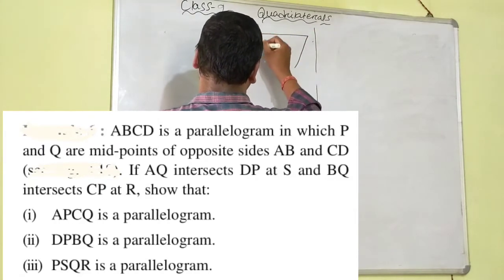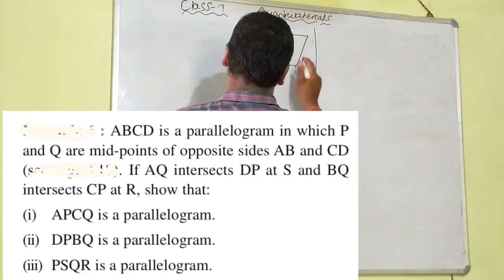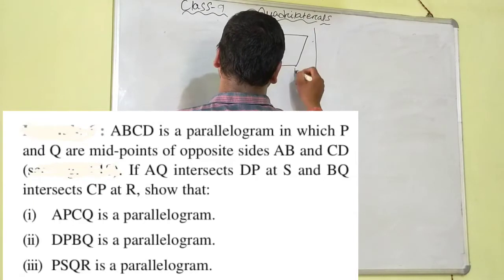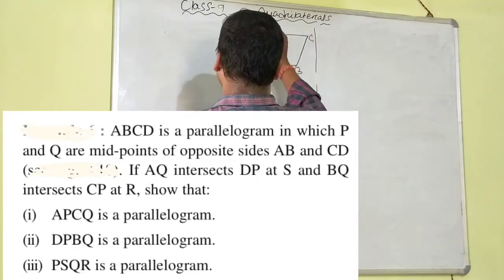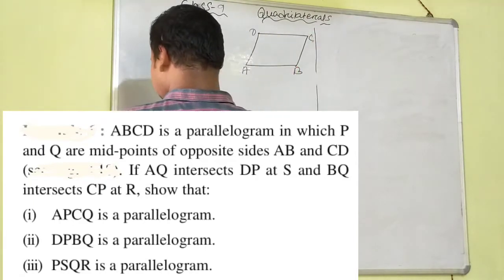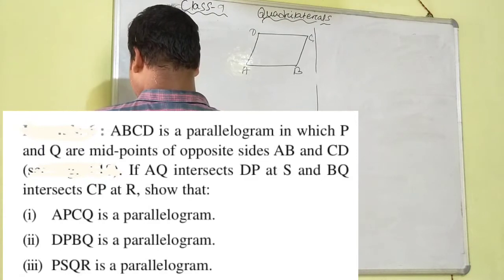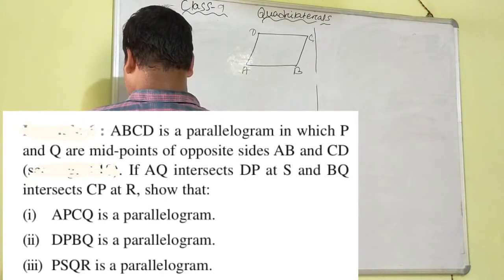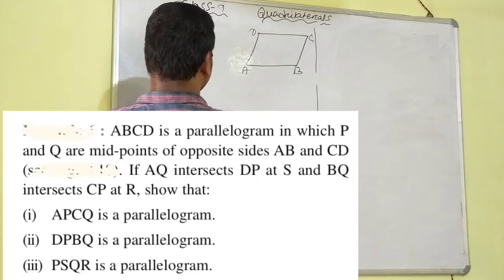Suppose ABCD is the parallelogram. It's given here in which P and Q are the midpoints of AB and CD.